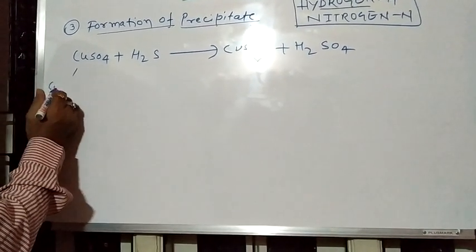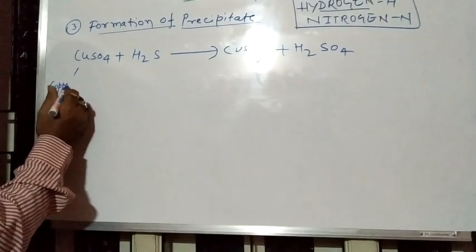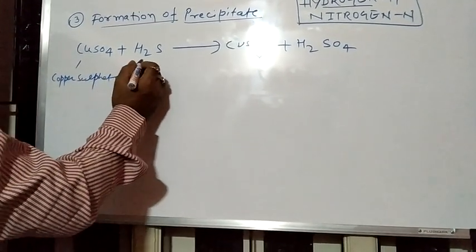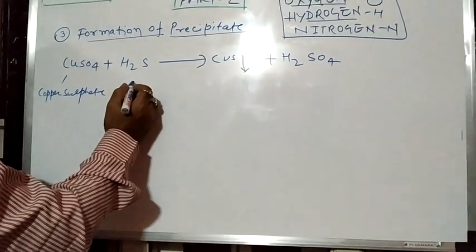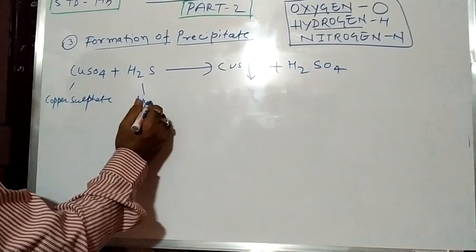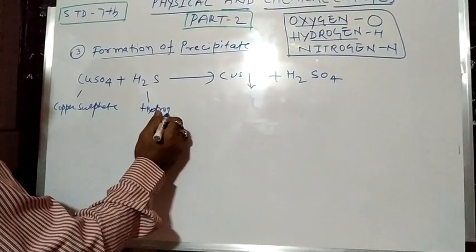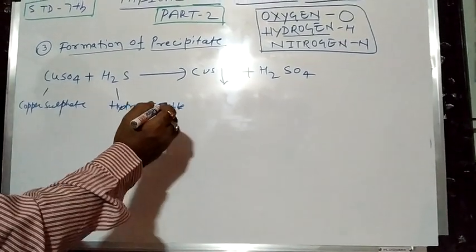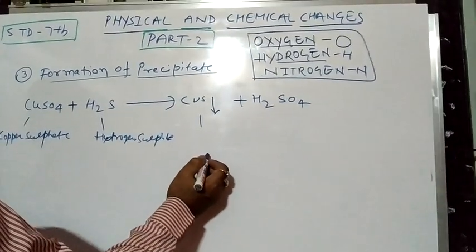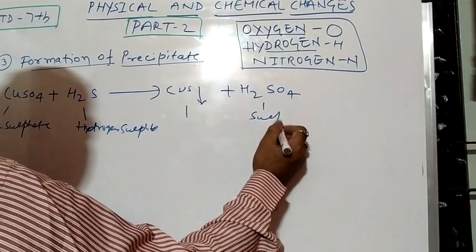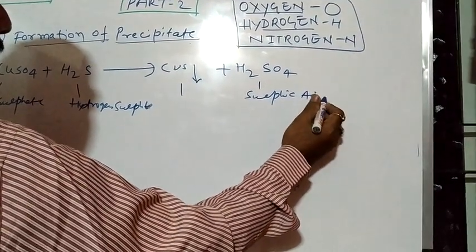Now what are these compounds? CuSO4 is copper sulfate. And what is that? Hydrogen sulfide. Okay, and this is copper sulfide, and this is sulfuric acid. This we have already learned.